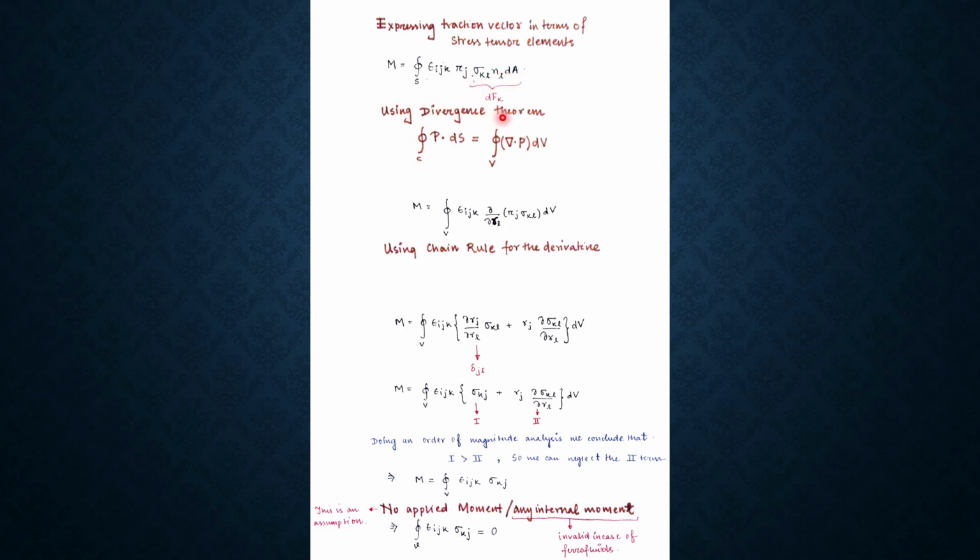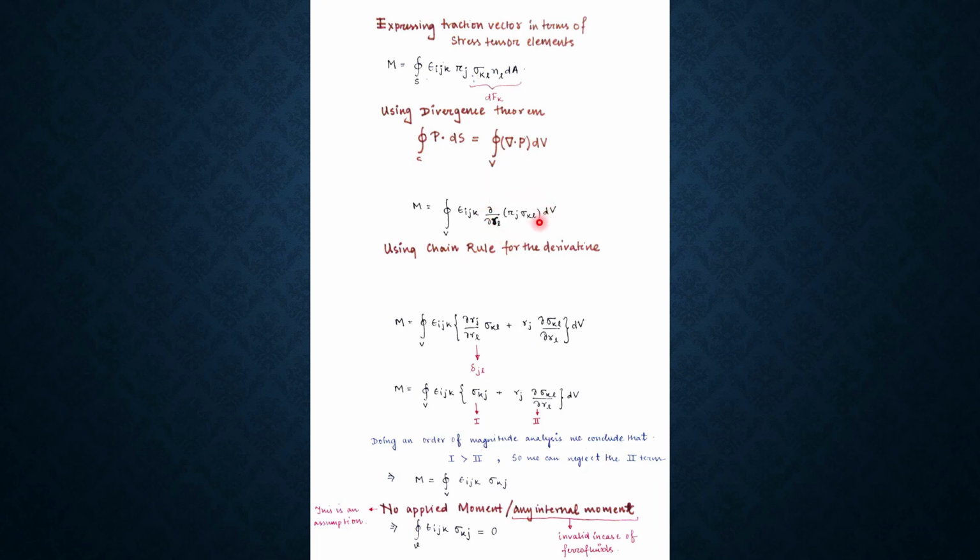Now we'll use something that is known as the divergence theorem, which says that the surface integral of a vector P over a closed surface is equal to the volume integral of the divergence of P over the volume enclosed by that surface. Now we use that theorem, and this expression reduces to epsilon ijk del by del rl of rj and sigma kl, volume integral over the whole volume.